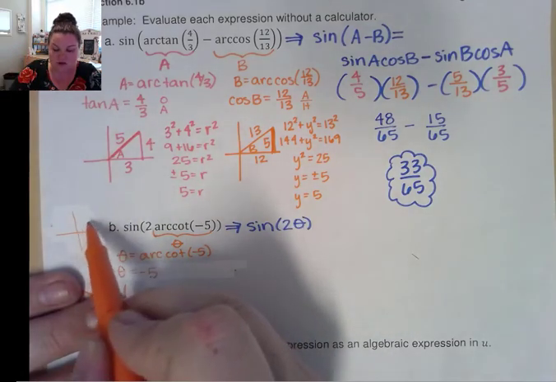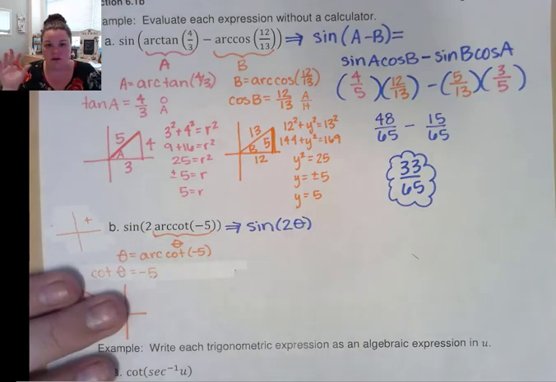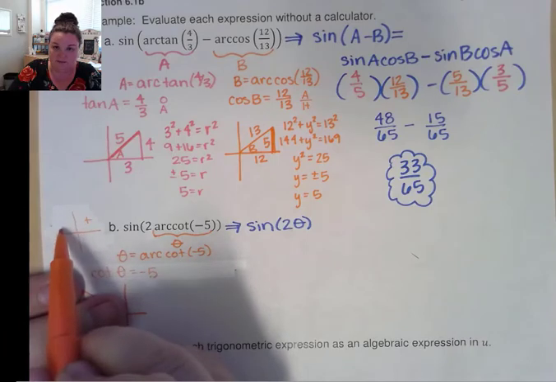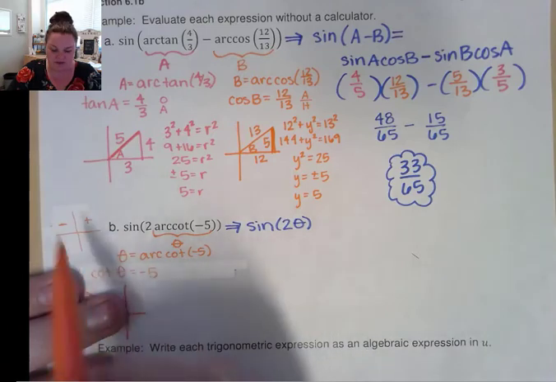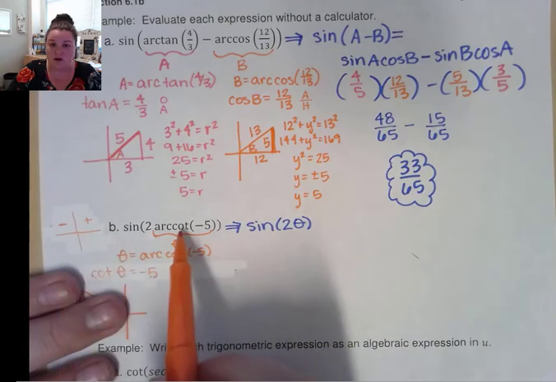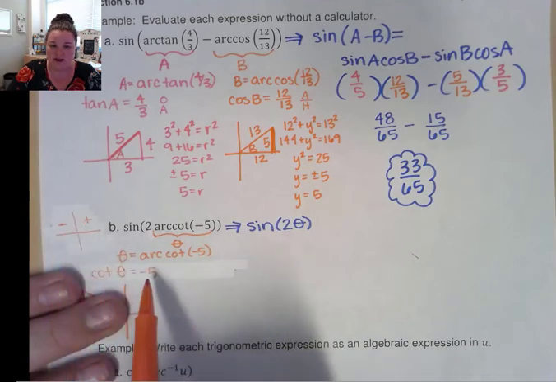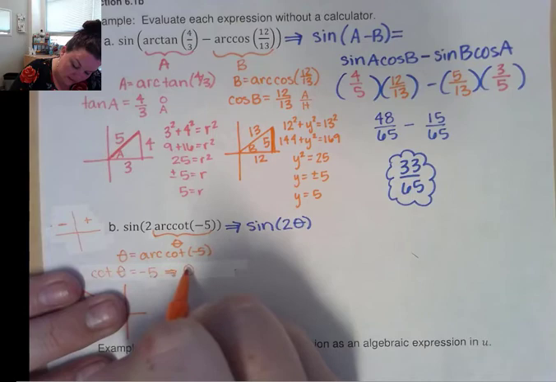Here sine and cosine are both positive, so that's going to give me a positive tangent. Here I have a positive sine, but a negative cosine, so that's going to be negative. And I don't even have to worry about the other quadrants because arc cotangent is only quadrant 1 or quadrant 2.